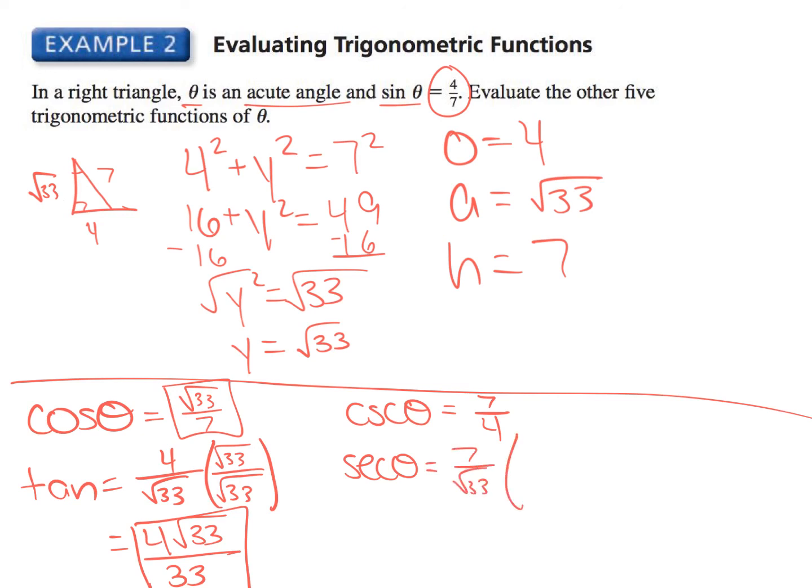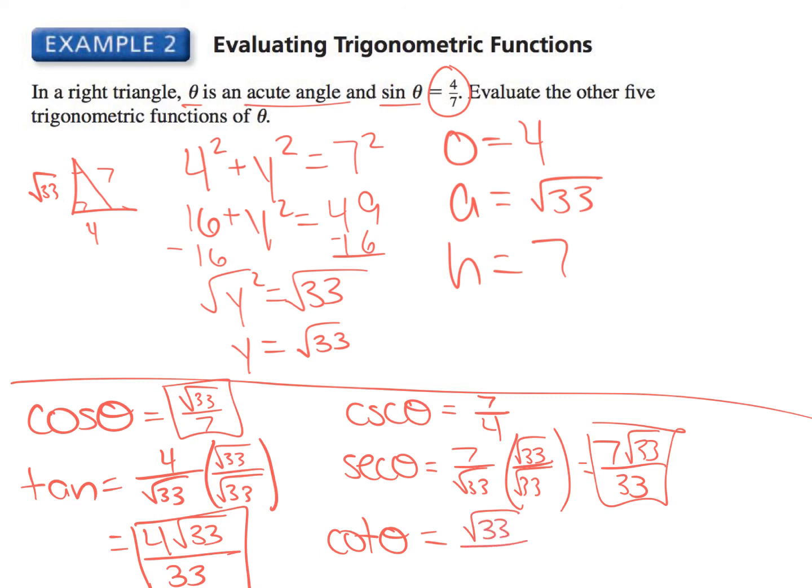And following the same rule, we can't have that root in the bottom, so that means we have 7 root 33 over 33. And the last one is cotangent, which, if you look all the way back at the first step, flipping it, gives us root 33/4. And those are our other 5 function values.